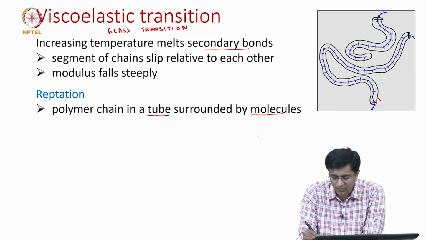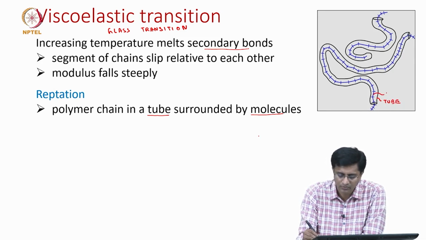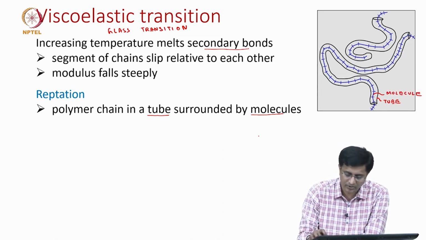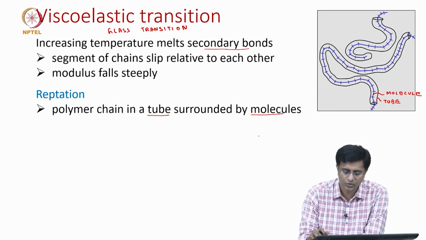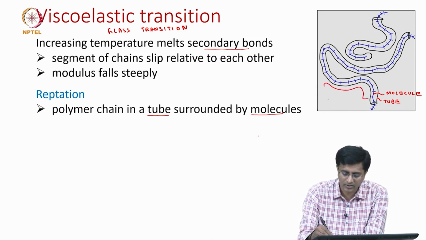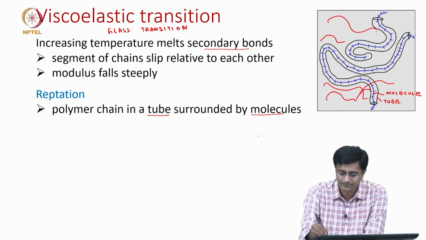So, this is the tube we are referring to and this is the molecular chain we are looking at. This molecular chain is embedded in a tube, but it is surrounded by molecules, which means there are several other polymer chains, maybe crossing against it. So, these are all the polymer chains.